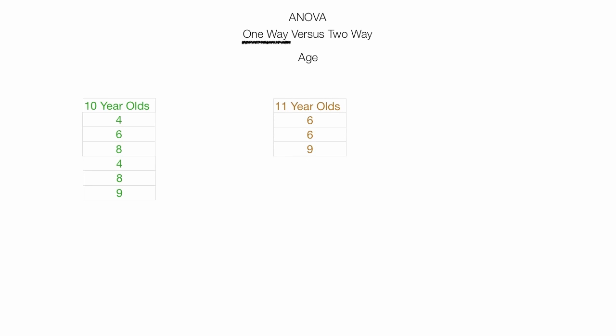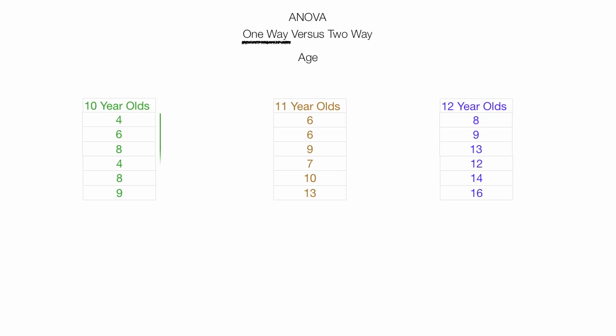If I was going to analyze this same data with a one-way ANOVA, and let's say I just looked at test score variation by age, so I have my 10-year-old group, my 11-year-old group, and also my 12-year-old group.